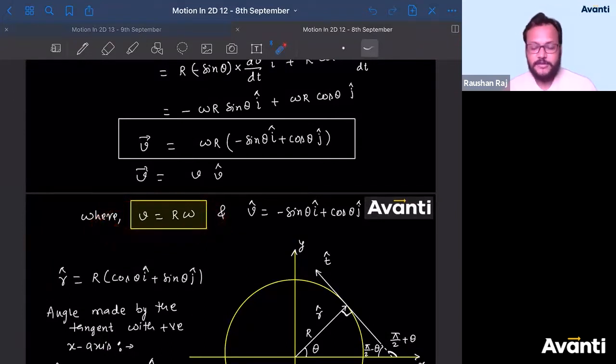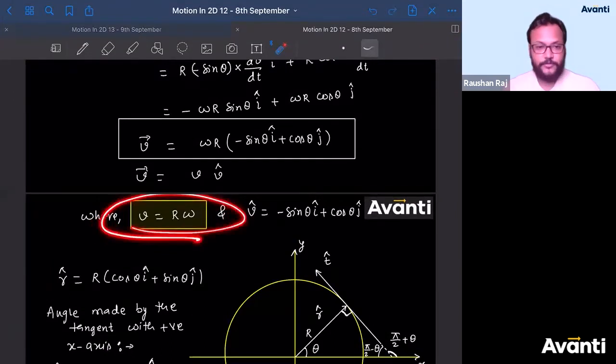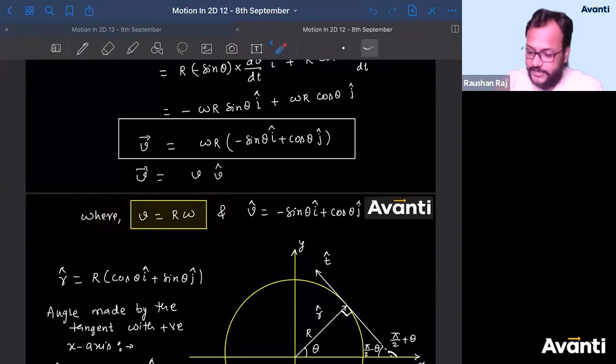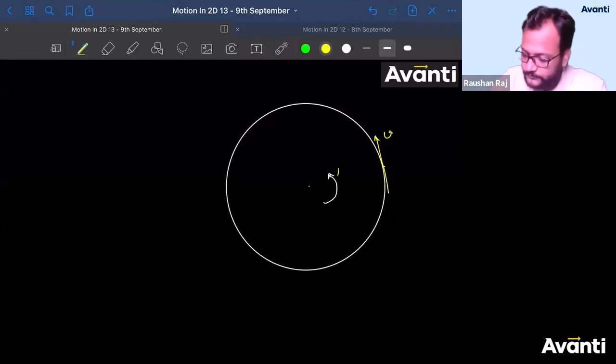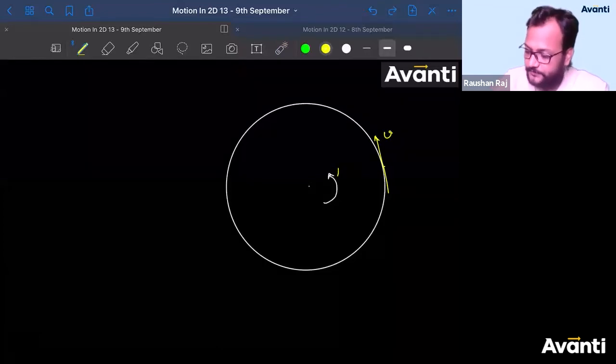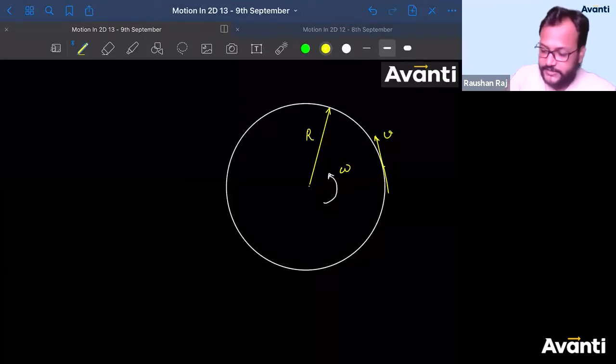So if this is omega, and the radius of rotation is R, you can say V will be equal to R omega.